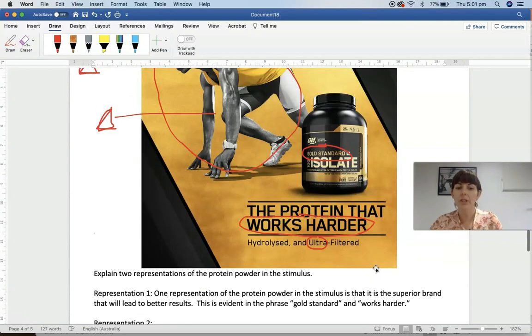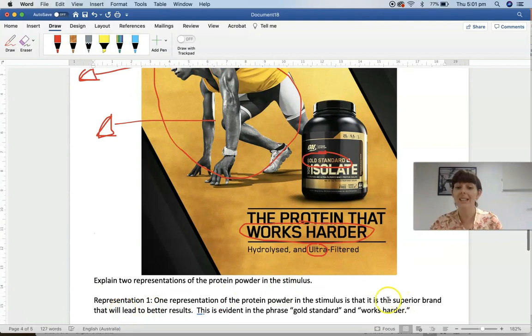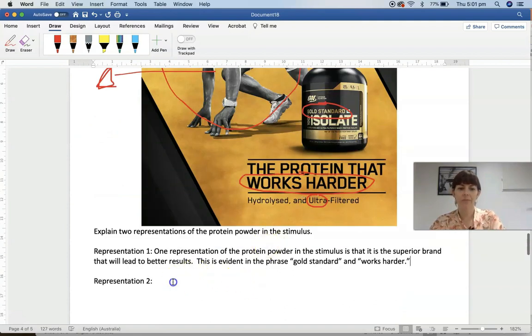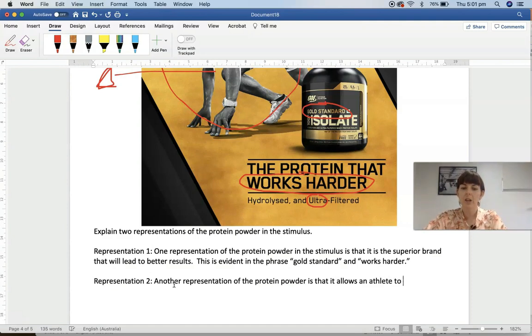Great, now I need a totally different representation. The first one was that it's the superior brand and will lead to better results. Cool. The next one, I might talk about this idea of gold and winning. So I might say another representation of the protein powder is that it allows an athlete to move forward with confidence to win.